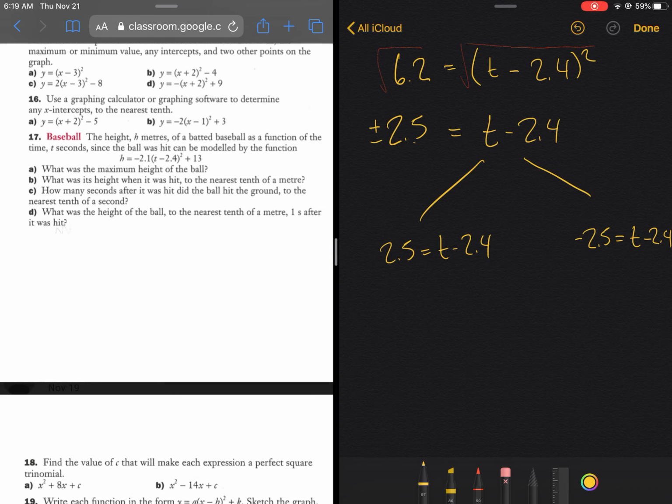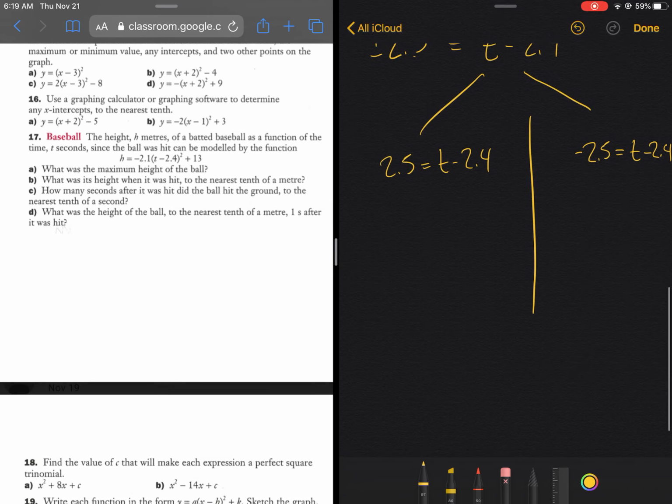Let's solve both of them independently. What's our first step on this side? Isolate t by adding 2.4 to both sides. 2.5 plus 2.4 equals t, so t equals 4.9 seconds. Looking at this side, we want to bring 2.4 over to this side.